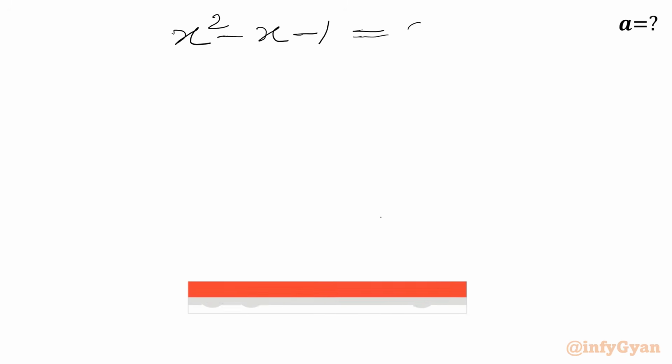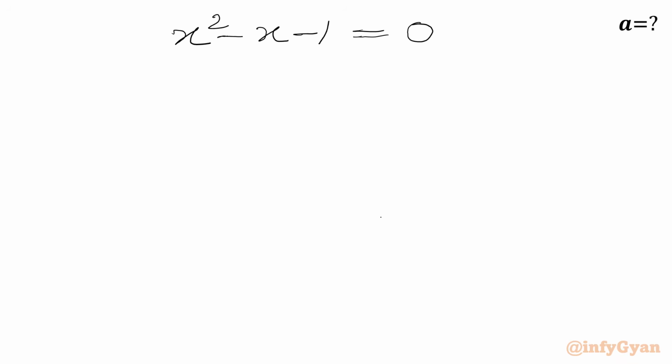Now we'll be using our given quadratic expression x square minus x minus 1. Let me put it equal to 0. Now this is a quadratic expression in the LHS, and the RHS is 0. The equation would be a quadratic equation with roots u and v.